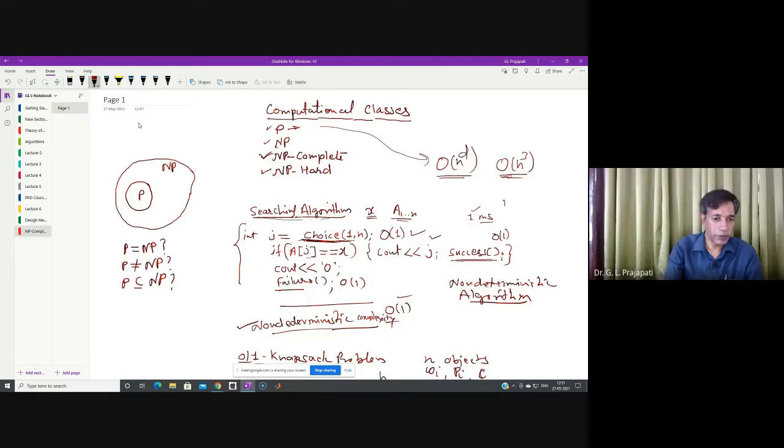So these are the open questions, and with our experience, people commonly believe that P is the subset of NP, but no one can prove that P is not equal to NP, or whether P is equal to NP. And there are $1 million prizes declared for those who can prove that P is equal to NP or P is not equal to NP.